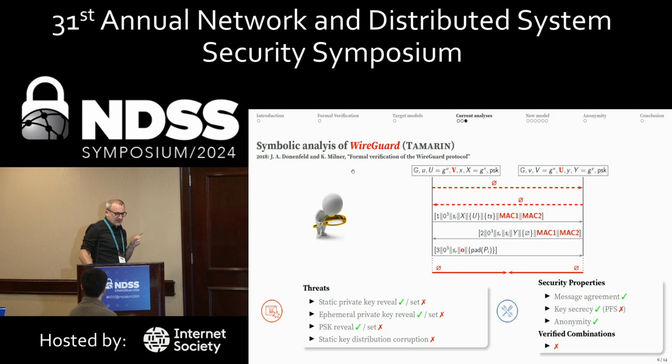You see that the analysis does not include, for instance, the initial static key distribution. It does not include a correct model of the init hello and rec hello messages, because the MACs that are in these messages are not correctly modeled. And also only one transport message is modeled in this analysis.